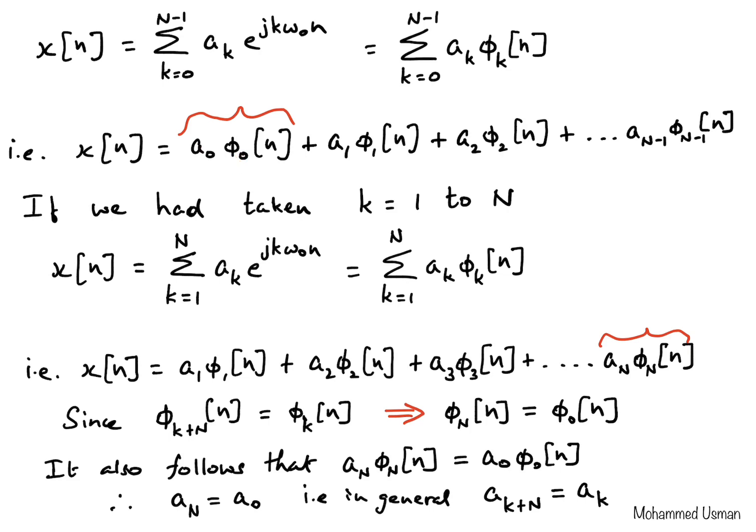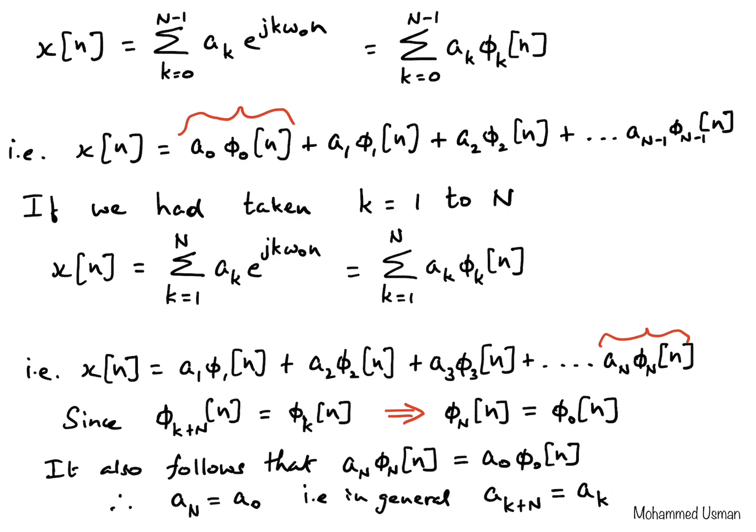And since we've already shown that there are only n distinct phi k of n, after that they repeat, phi n of n is equal to phi 0 of n, and therefore it follows that an is the same as a0. It implies that the Fourier coefficients ak are also periodic with period n. That means ak plus n is the same as ak.